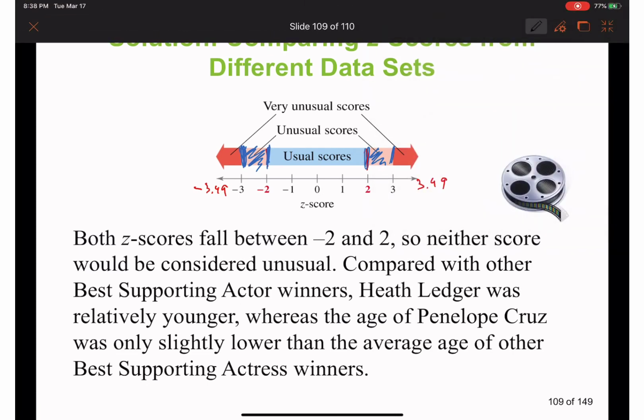Between negative 3 and negative 3.49, this piece, it's absolutely rare, very rare. Looking at this spectrum, we can say that compared with other Best Supporting Actor winners, Heath Ledger was relatively younger, whereas the age of Penelope Cruz was only slightly lower than the average age of other Best Supporting Actresses. Just exactly what I mentioned a while ago.